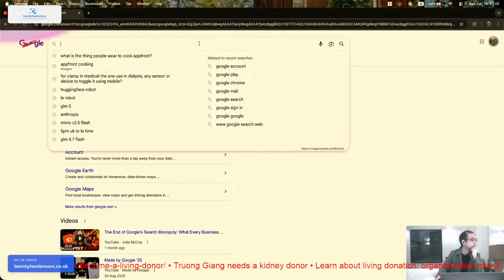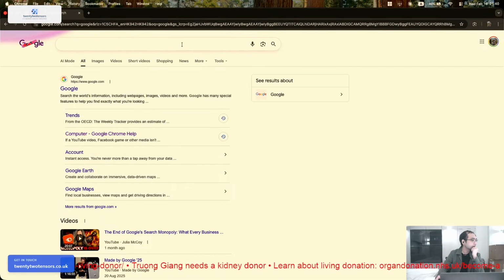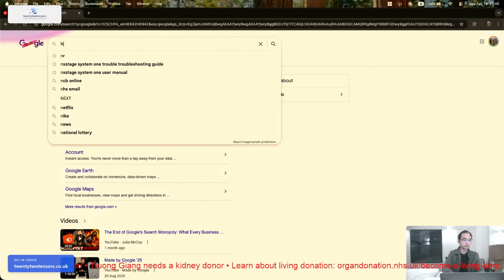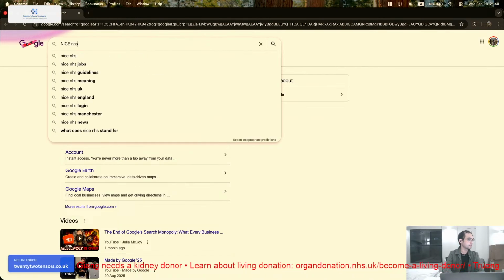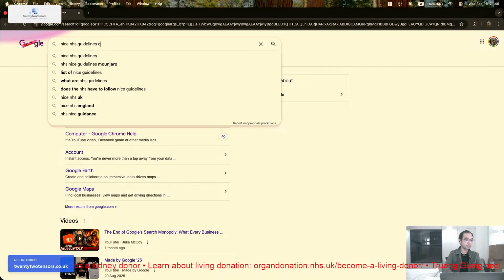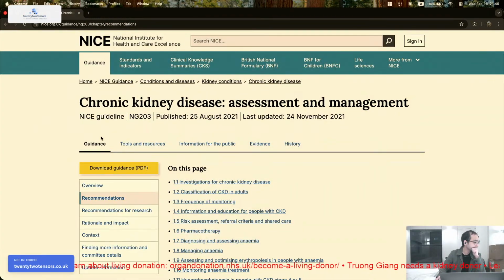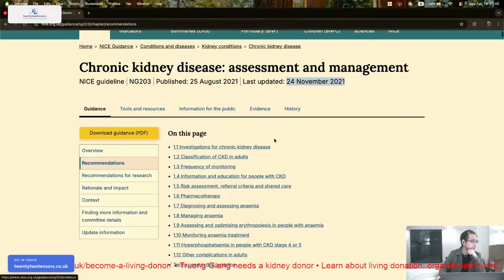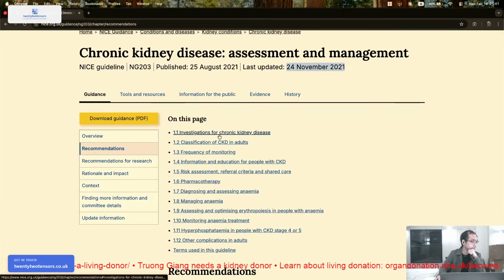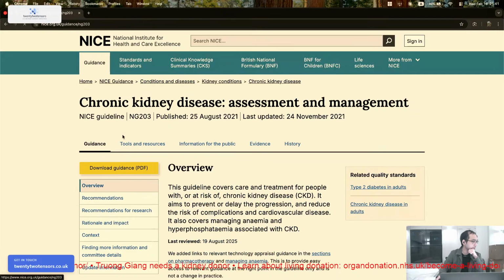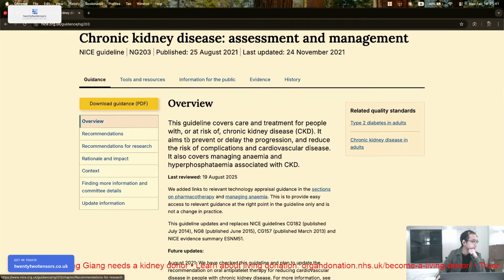First, this is the guideline in one. It will have investigation of disease and treatment.